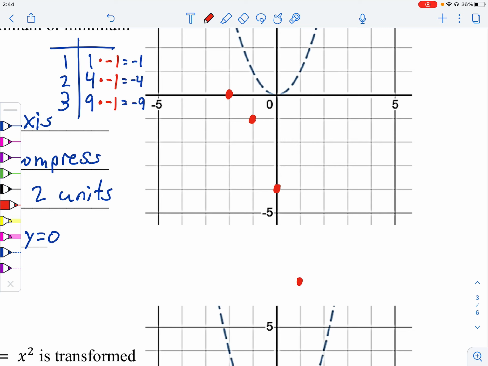Right around there. And then we have a vertical axis of symmetry right through the middle. Then we can mirror our points to the other side. So here's 1 away, 1 on this side. This one's 2 away, 2 on this side. This one's 3 away, 1, 2, 3, 1, 2, 3. Right about there.